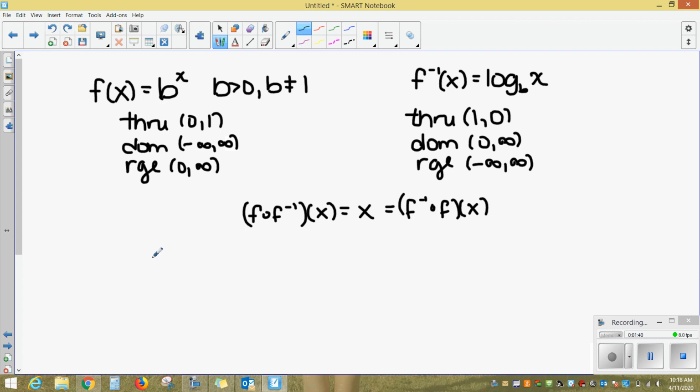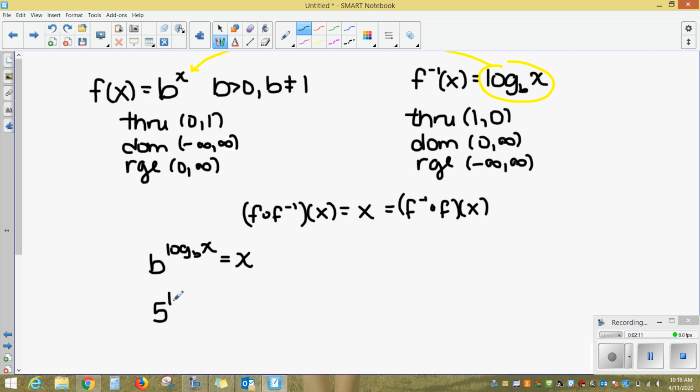What that means is if we take b to the x, and in place of the exponent, we plug in this other function up here, then we don't have to look at that and try to figure out how to do the arithmetic. By definition, that's going to be equal to x every single time.